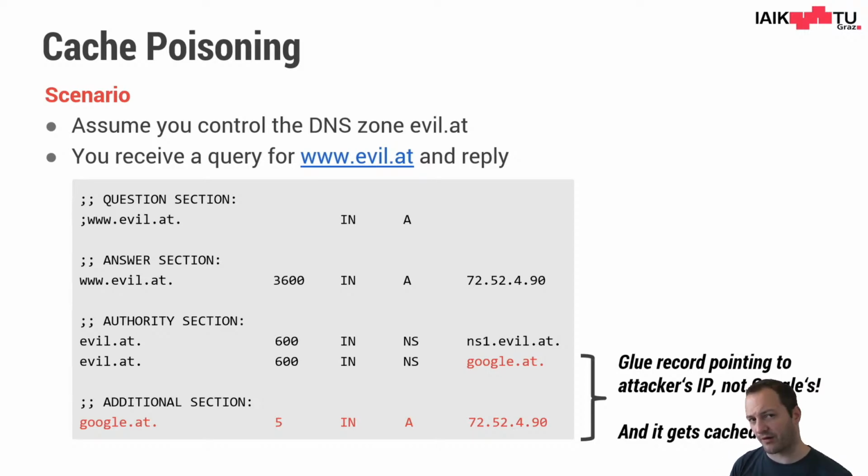So for example, assume you as an attacker control the DNS zone evil.at, and someone wants to see the IP address of the domain, for example, because you send an email to someone that includes an image from that domain. What your email application, your email program does, it tries to resolve the domain in order to show the image. So in other words, to get the IP address.